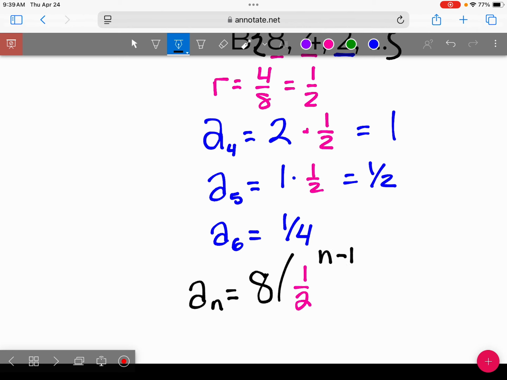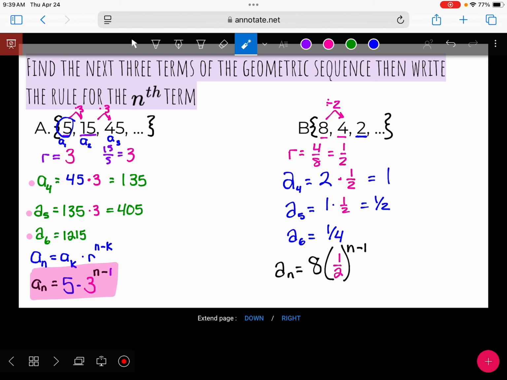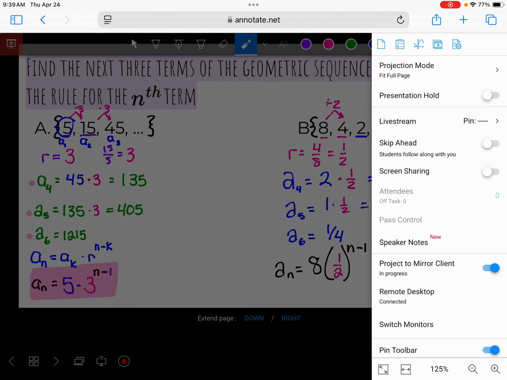If you want to put parentheses around it, you can. Makes things clearer. You don't have to, as long as we're aware that that power is over the whole fraction, not just over our numerator. So that is 100% a valid way to write it. You could also do our 1 times 1/2 to the n minus 4, because that would be our 4, if you want to do that. Totally valid. But this works just fine. Okay, questions on this one?